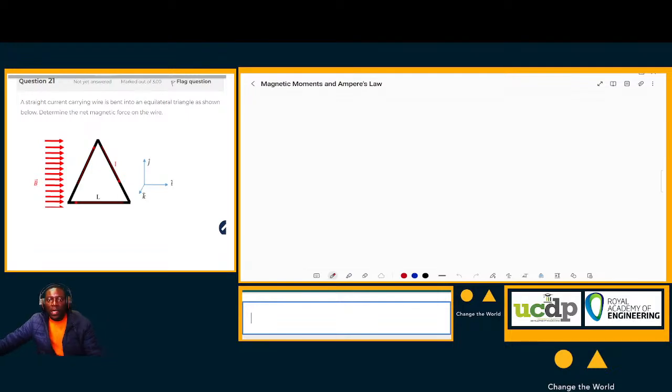Today we'll be covering magnetic moments and looking at Ampere's law. As you have already done much on magnetic fields, I'm not going to dwell much on that. If there is something you might have missed, you can visit the previous recordings from our previous sessions, and check our list of videos and topics that we have covered so far.